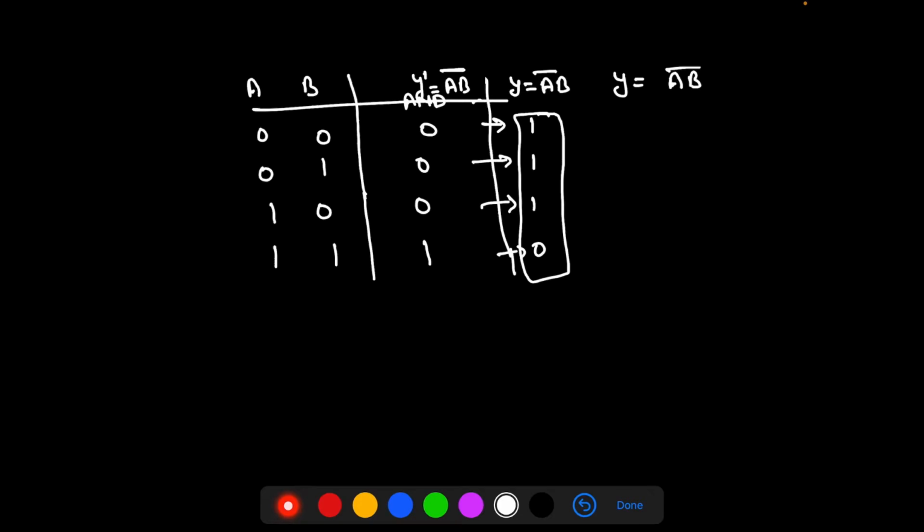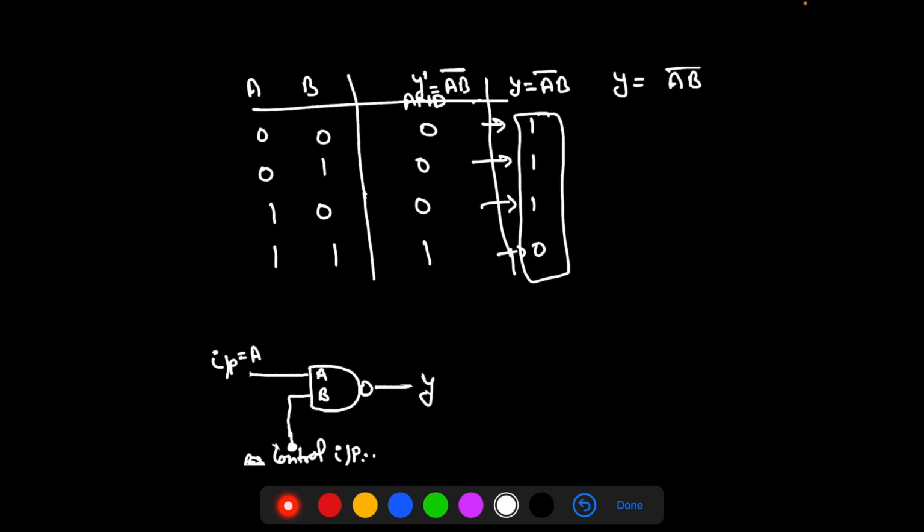Now we want to study more about this. For example, if we have a NAND gate like this with an output y, with input A and input B, we want to use B as a control input.